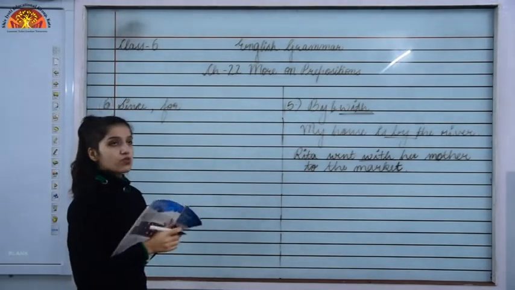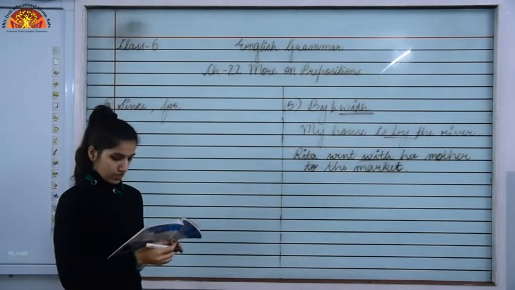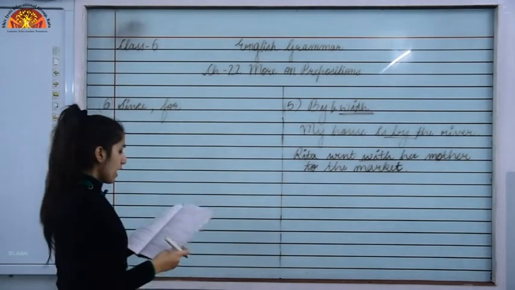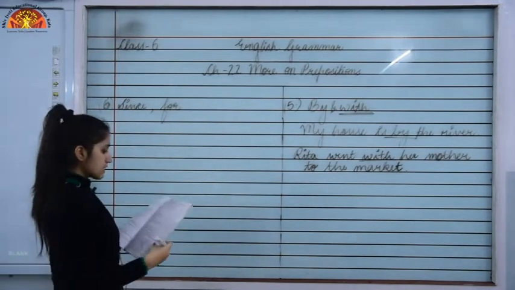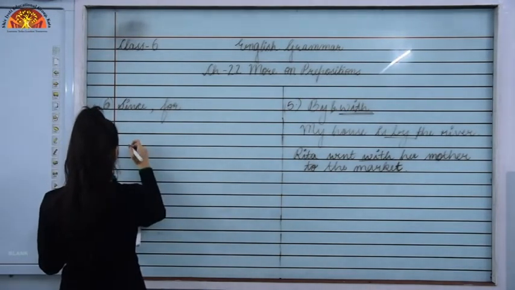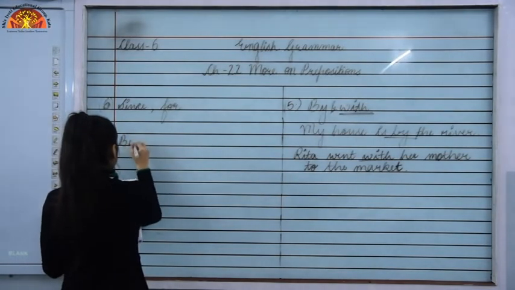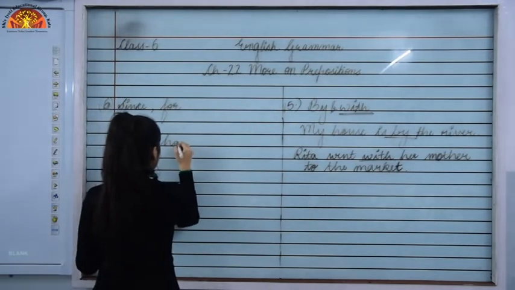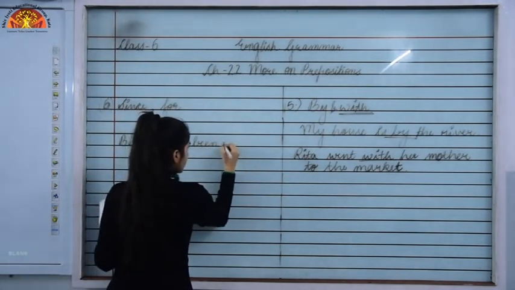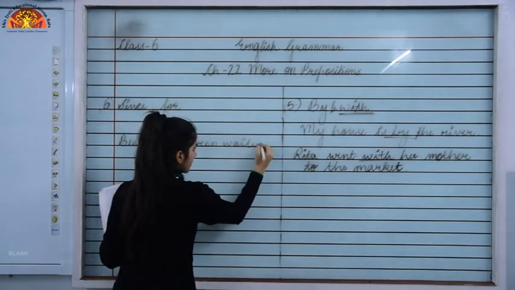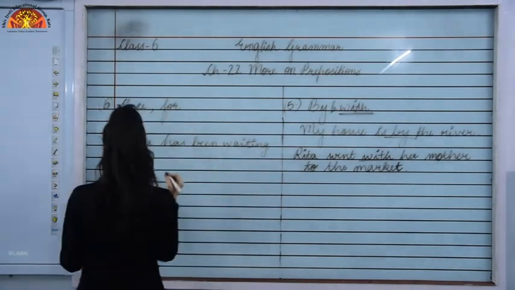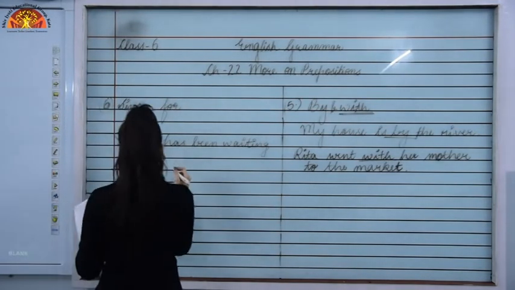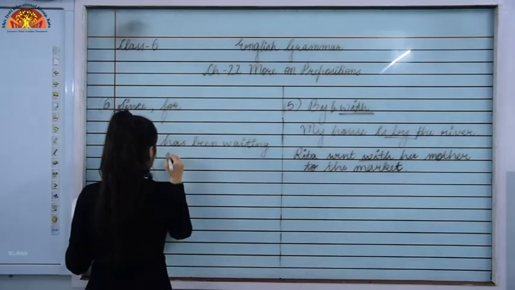So since is used to indicate a particular point in time, okay, when the action has just begun, okay. So that time we will use since, like I am writing an example. Beena has been waiting since morning.